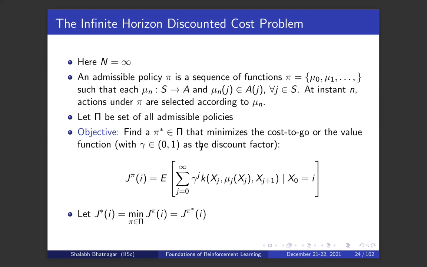As you can see, if gamma is very close to 0, then you are really more worried about what you are going to gain right now, as opposed to what you are going to gain maybe 10 instants from now, or maybe 20 instants from now. So again, by a suitable choice of gamma, you can play with the horizon length that you really care about.